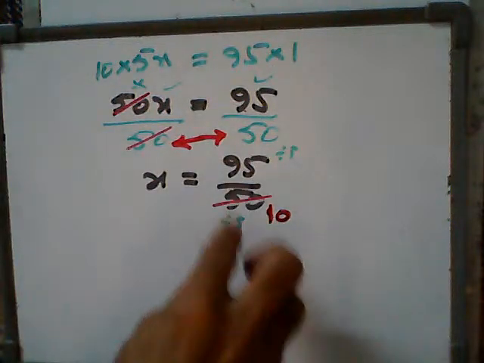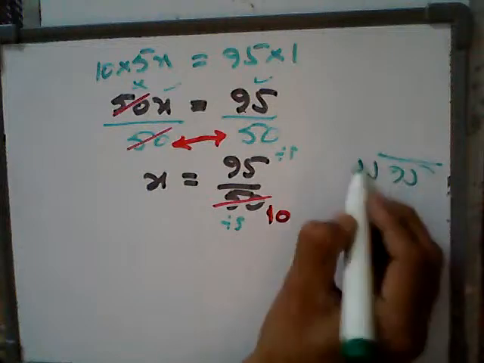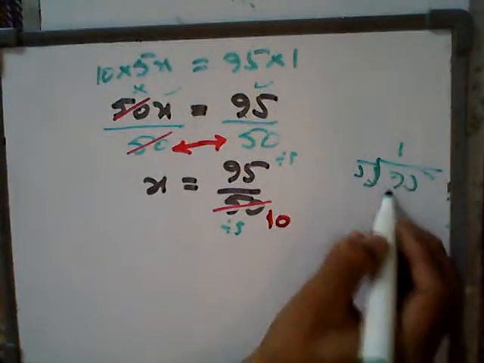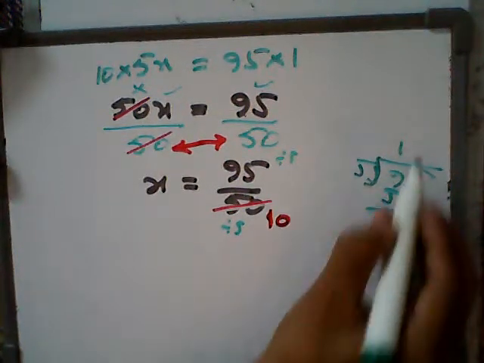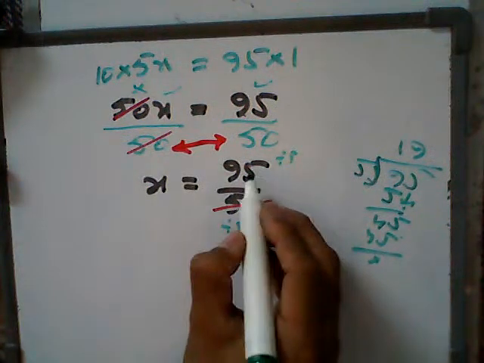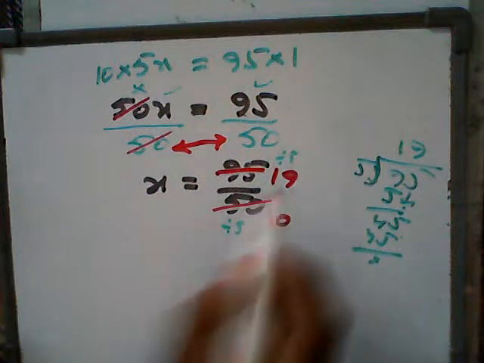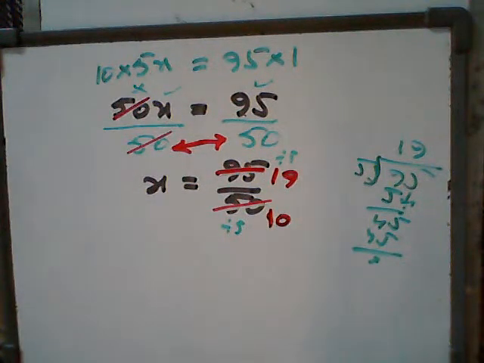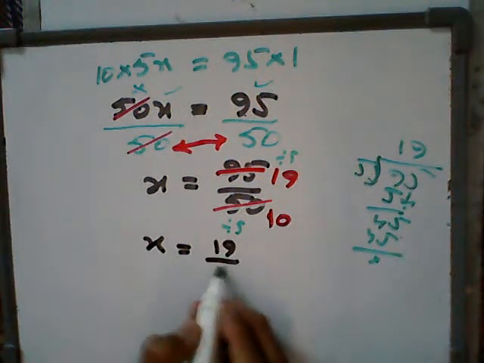Now how do we divide 95 by 5? 5 1s are 5, and the remaining is 4, carry 5. 5 9s are 45. So it gives us 19. After simplifying, this is 19, so x is equal to 19 over 10.